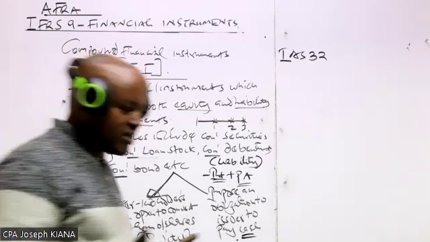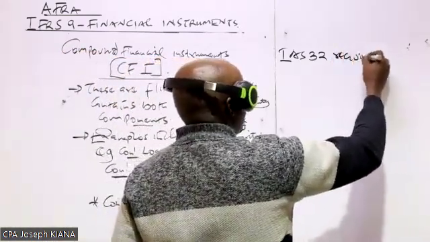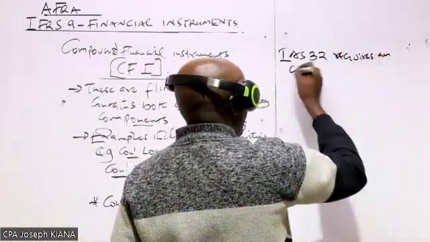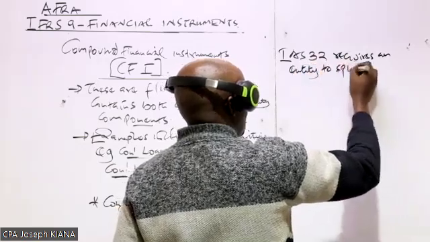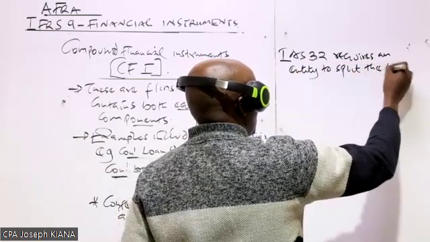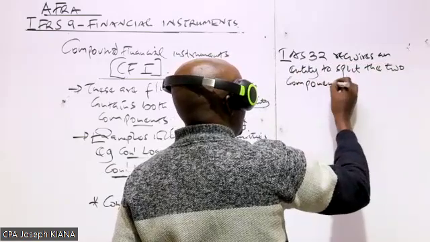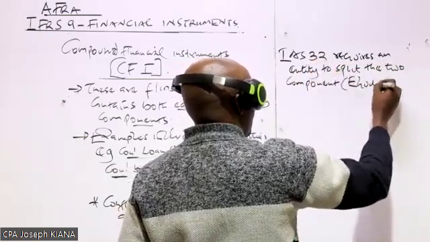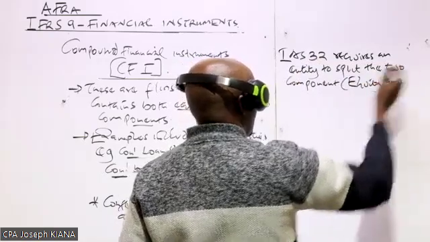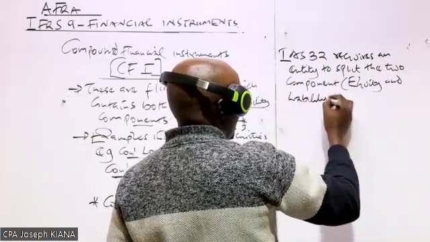So IAS 32 requires an entity to split the two components. Which two components are we talking about? We are talking about the equity and the liability components.